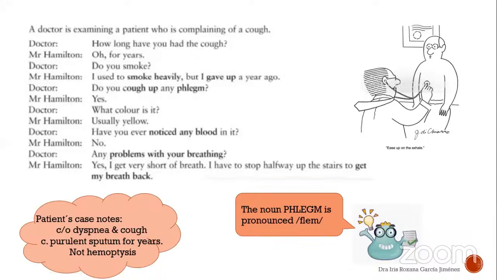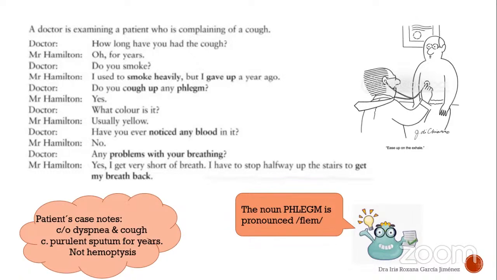Yes, clearly. Okay, so a doctor is examining a patient who is complaining of a cough. How long have you had the cough? Oh, for years. Do you smoke? I used to smoke heavily, but I gave up a year ago. Do you cough up any phlegm?